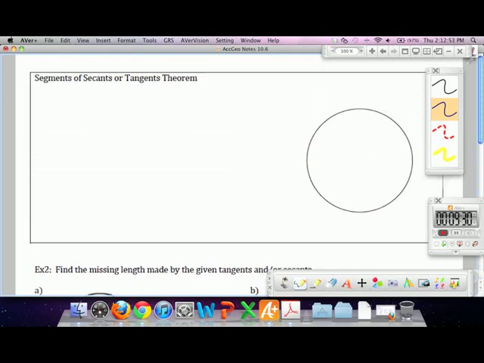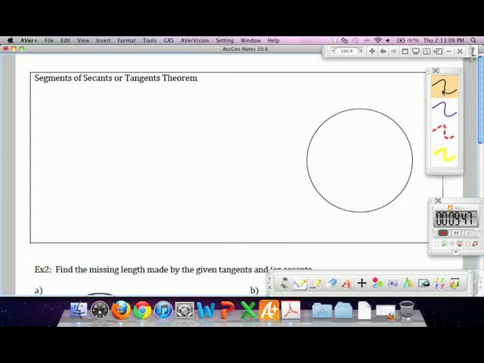And that's our final theorem for today, which is segments of secants or tangents. It says the following.